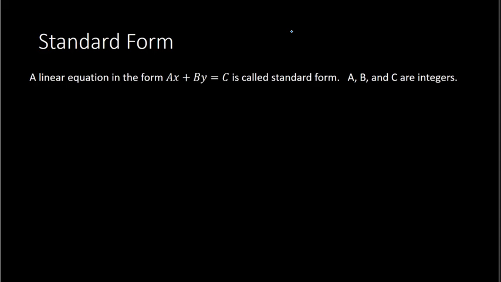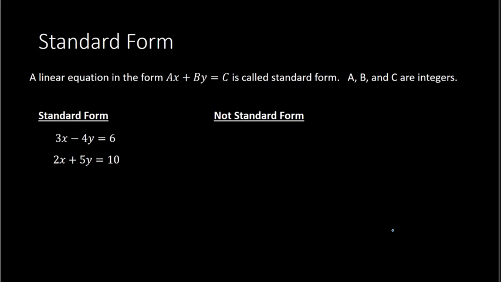So in more specifics, some examples would be 3x minus 4y equals 6. We have x and y on the same side equaling the number on the right side. 2x plus 5y equals 10 would also be in standard form because we have x and y on the same side equaling a number.